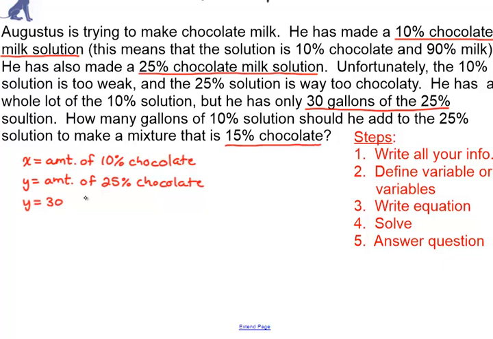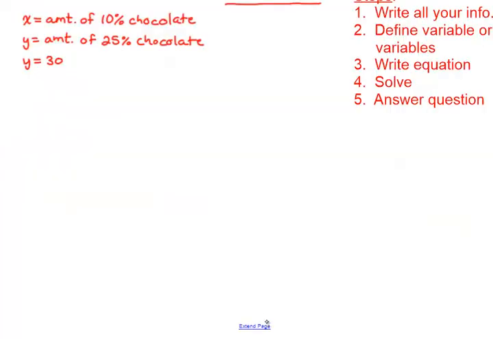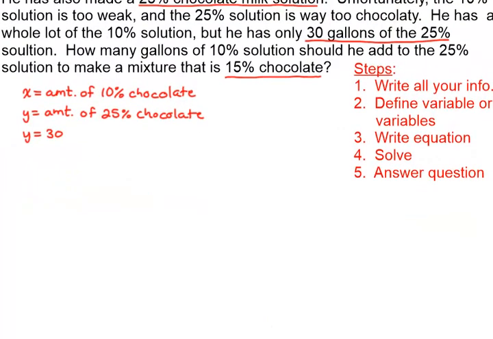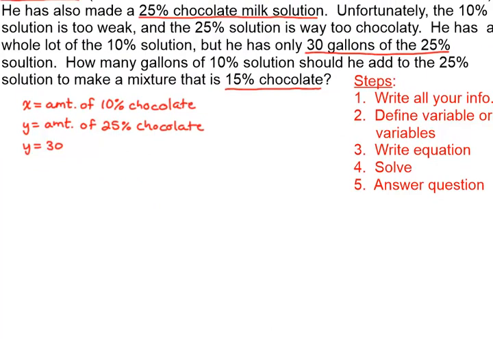Okay, in order to get a 15% solution, we've got to add the 10% and the 25% together. So we are going to write an equation here. So I'm going to use some variables here and words.